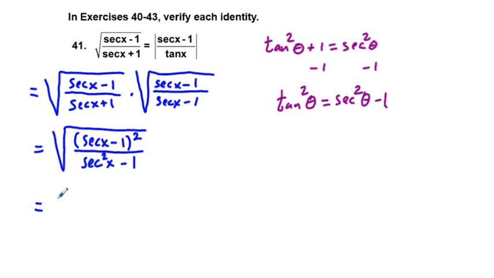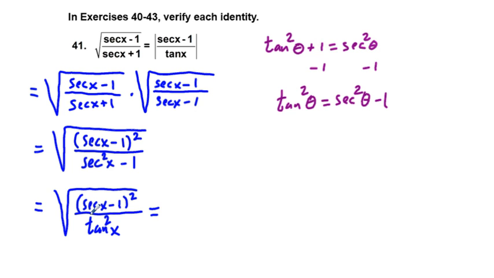So knowing that, we can rewrite this expression here on the left as, we're going to write our denominator this time as tangent squared x. And in the numerator, we're going to write the same thing here, which is going to be secant x minus 1 quantity squared.